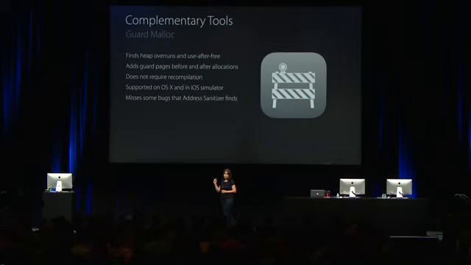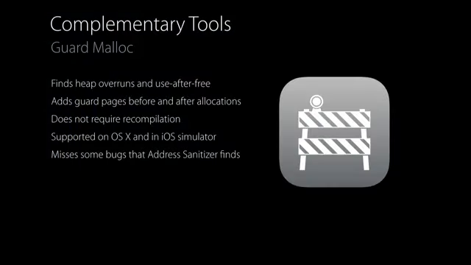Let's switch the focus a little bit and take a closer look at other memory management tools that are also available to you on our platform, what they do and when you should use them. So let's start off with guard-malloc, which finds some of the same issues as Address Sanitizer. And the main advantage of using guard-malloc is that it does not require recompilation. On the other hand, it has limitations as well.